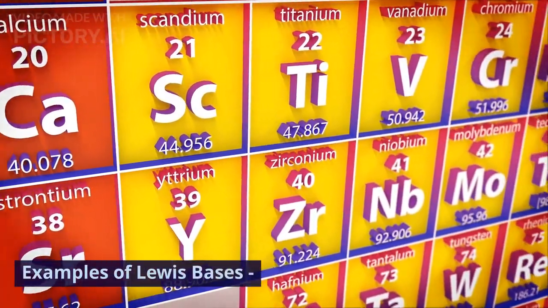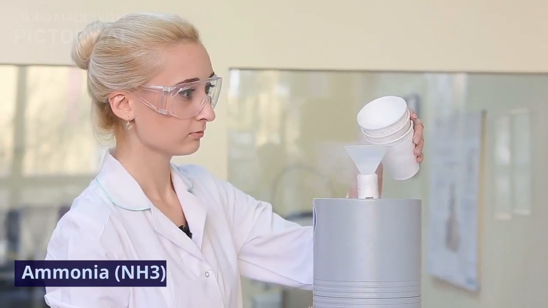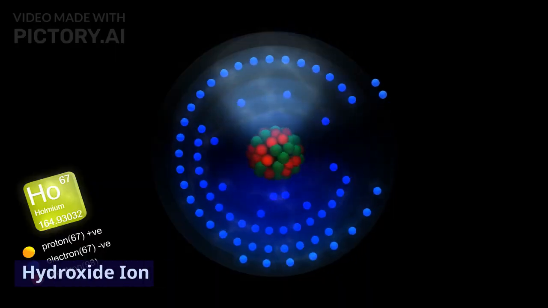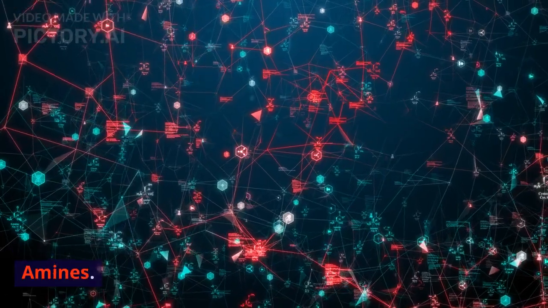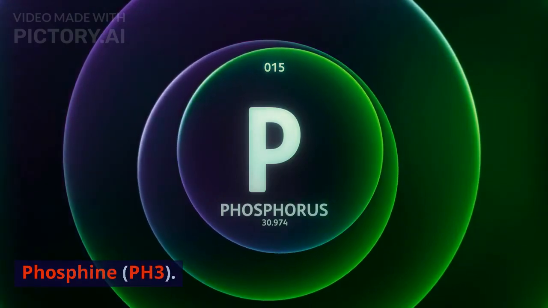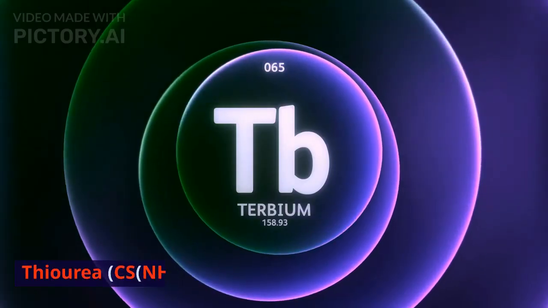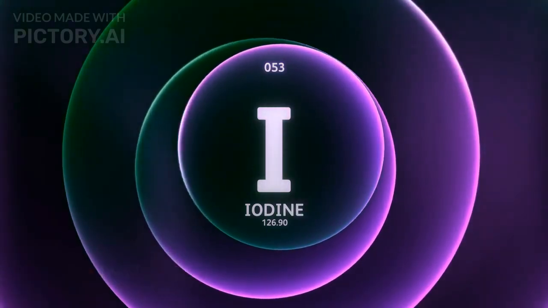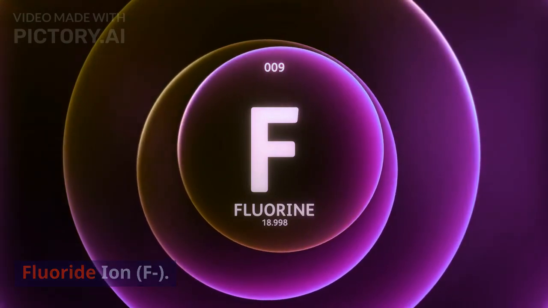Examples of Lewis bases: ammonia, NH3; water, H2O; hydroxide ion, OH-; amines; phosphine, PH3; thiourea, CS(NH2)2; cyanide ion, CN-; alkoxide ion, RO-; fluoride ion, F-.